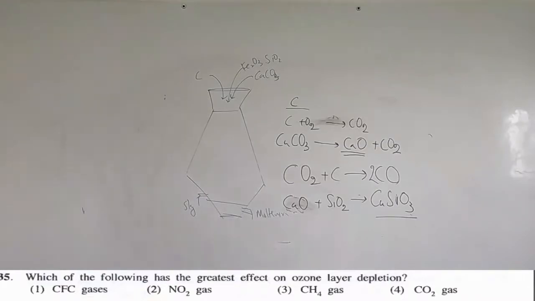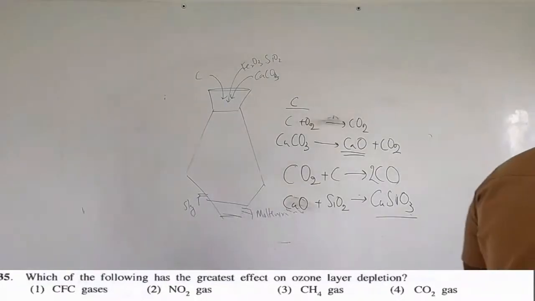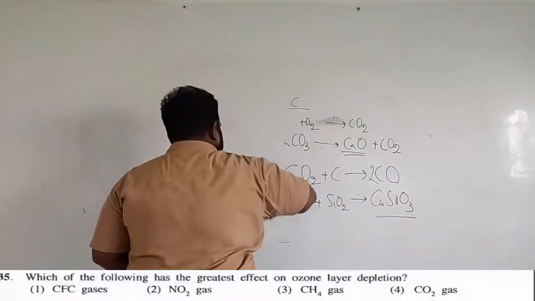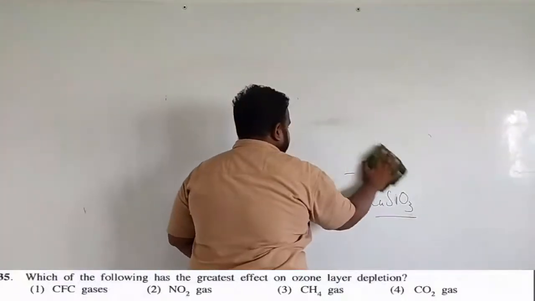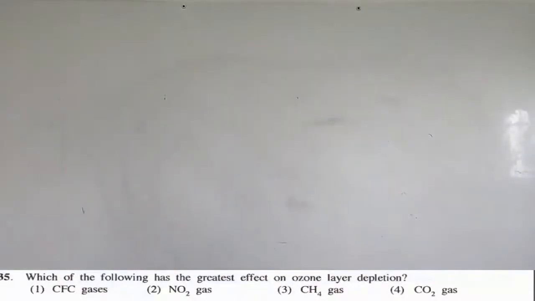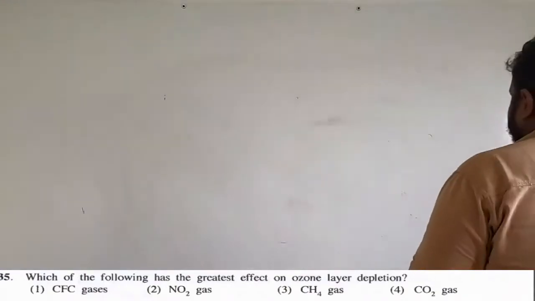For the 35th, they have asked about environmental pollution, which comes under biosphere, the final unit. If you take the unit biosphere, it contains about 9 to 10 marks in your O-level paper, so it is a very major unit. Which of the following has the greatest effect on ozone layer depletion? The one with the highest effect is chlorofluorocarbon, CFC, right?